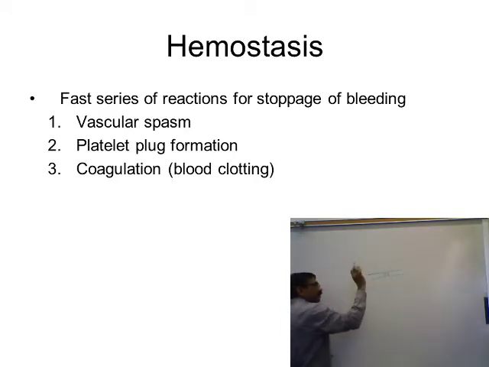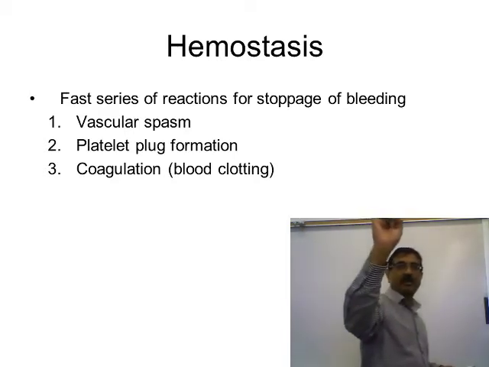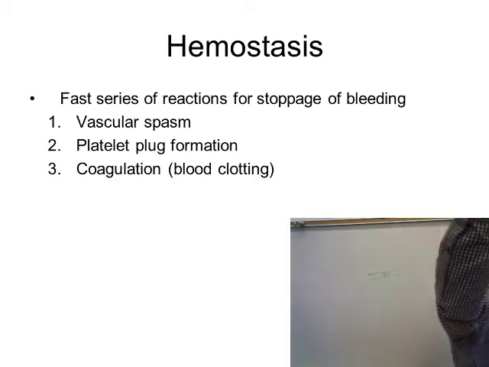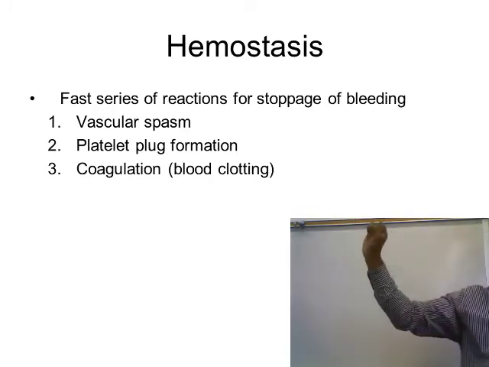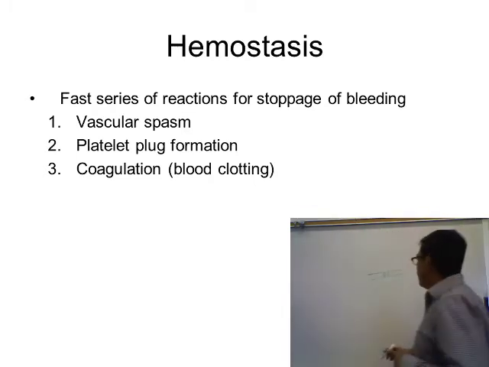So first what happens? The size of this lumen gets small. Constriction of the lumen occurs. That is called vasoconstriction or vascular spasm.